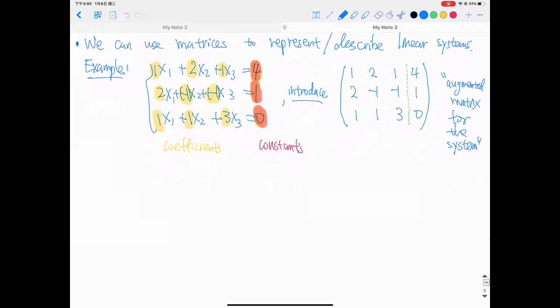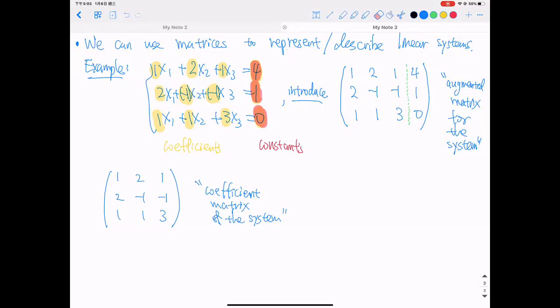Now, if you just have the coefficients, without the constants, this is called the coefficient matrix of the system.